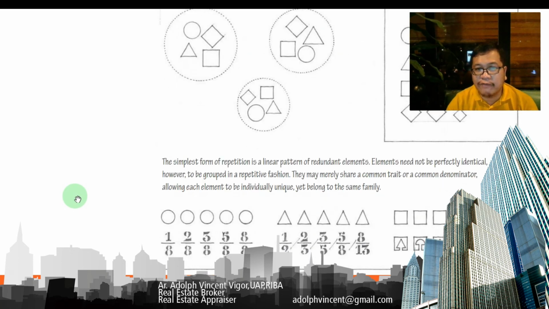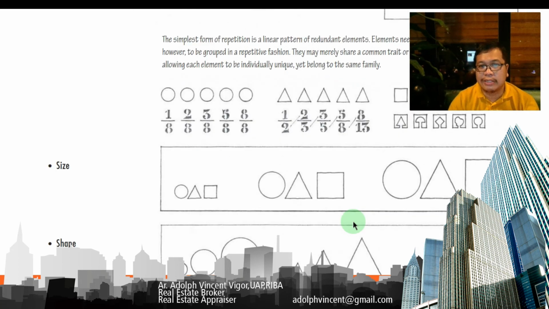So the simplest form of repetition is a linear pattern of redundant elements. Elements need not be perfectly identical, however, to be grouped in a repetitive fashion. They may merely share a common trait or a common denominator, allowing each element to be individually unique yet belong to the same family.